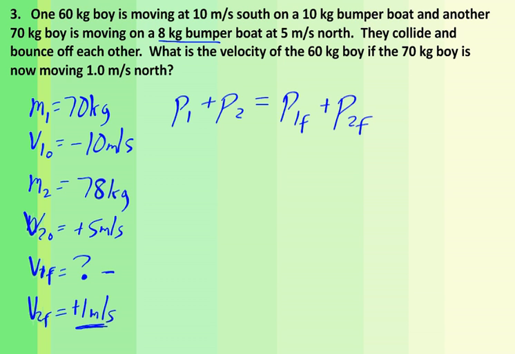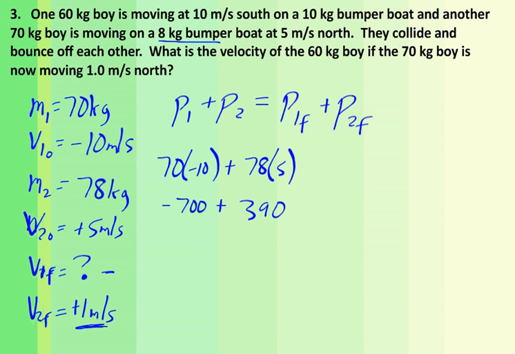So we've got the momentum of our first kid initially is -700. We have the momentum of our second kid, 78 times 5, so he's going to be a positive 390.